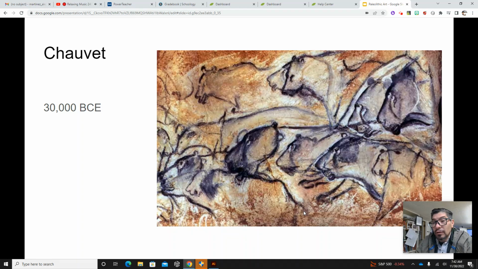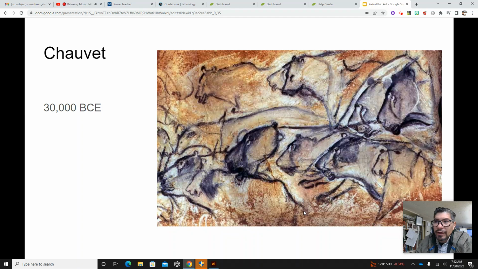There were decorative garments. There were decorative shields and decorative mud sculptures, but nothing as highly rendered and close to what we think of as artwork as the cave artworks found in North Europe.